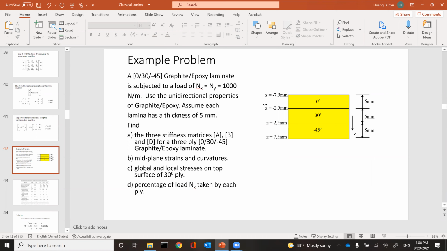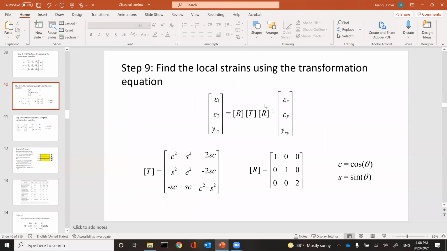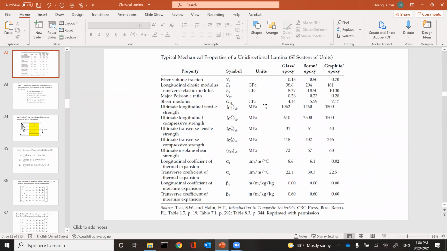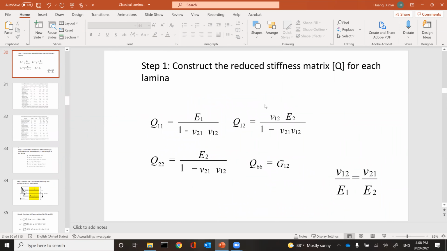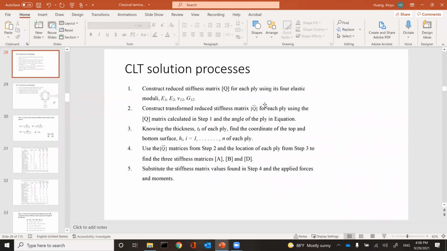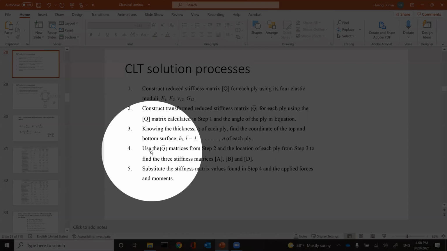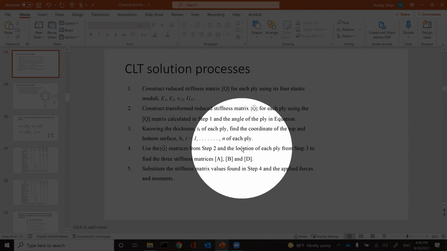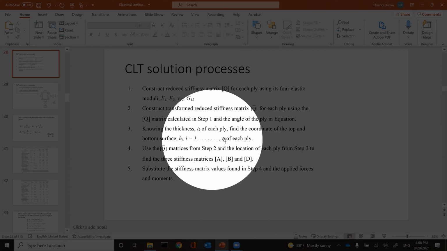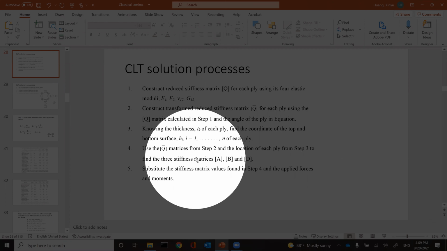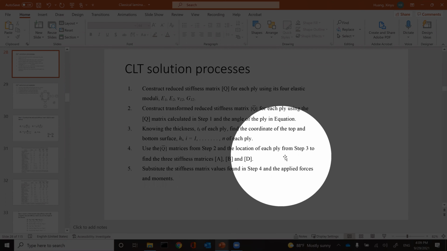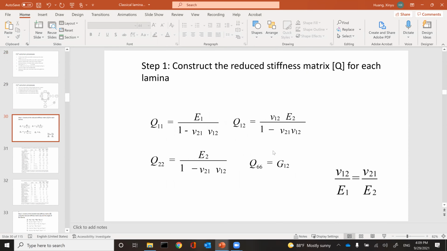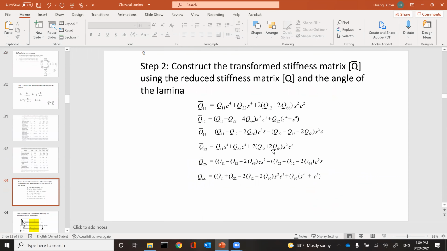Okay, and then we have everything we need to go for A, B, and D now. The next step is step 4. Use the Q bar matrix from step 2 and the location of each ply from step 3 to find the 3 stiffness matrices A, B, and D. And I moved the formula here, so you can have the formula.